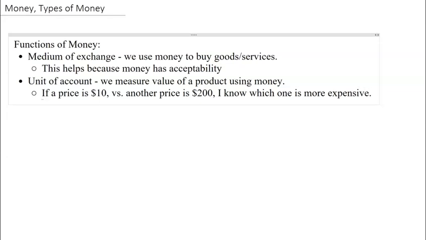Money helps us understand how expensive a good is and what the value of a product is. I'm repeating here, but you get the drift. If something is $10 and another thing is $200, I know the $200 good is 20 times more expensive than the $10 good.